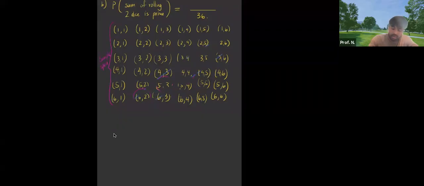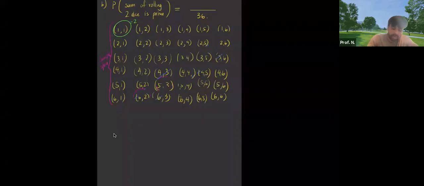So how many are there? First, for example, this here adds up to 2. That's prime. And the next diagonal here, 2 and 1, 1 and 2, adds up to 3.